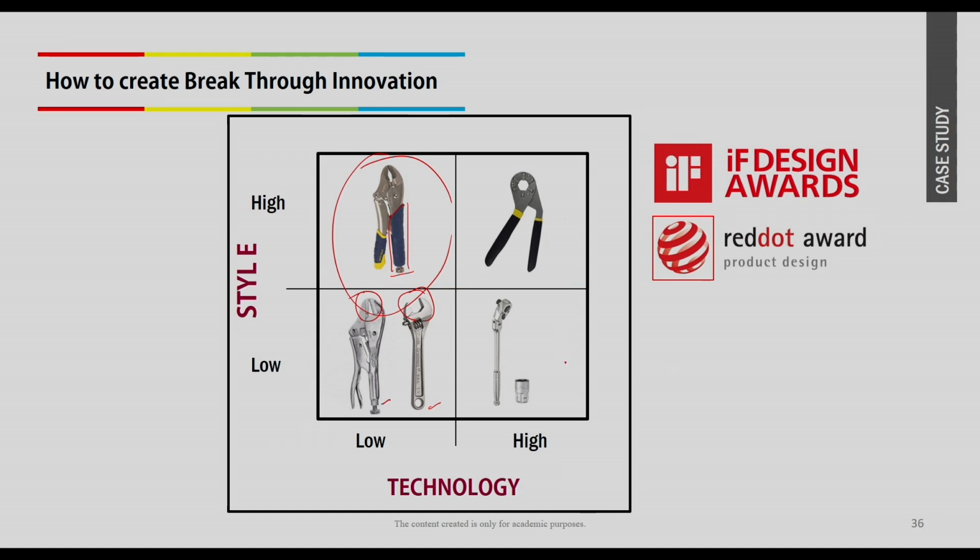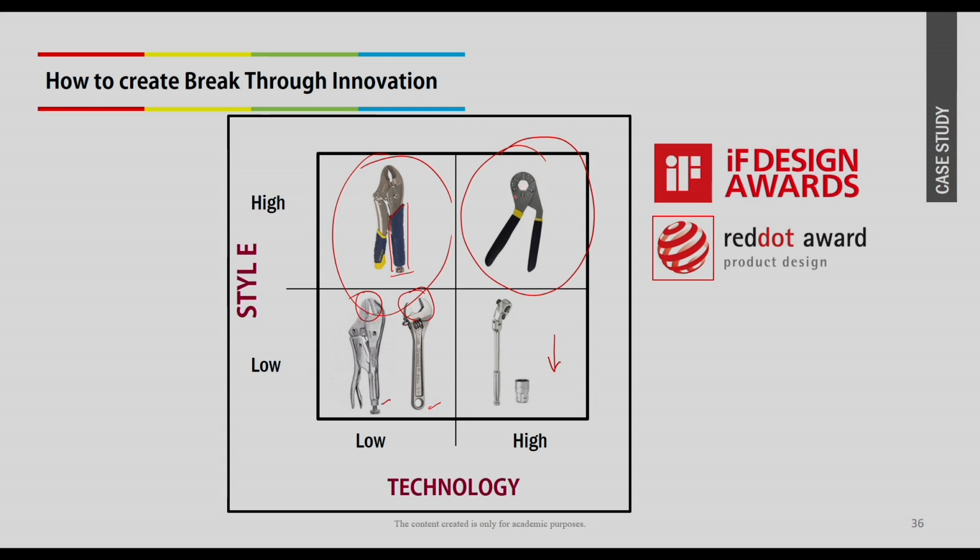In this quadrant we have the gear wrench, where the mechanical advantage is very good, but the lifestyle impact is very poor, whereas we have a good product like this bionic wrench. In this, lifestyle impact is very good, ergonomic values are high, and functional features are high, where you do not have to adjust anything, it adjusts by default.